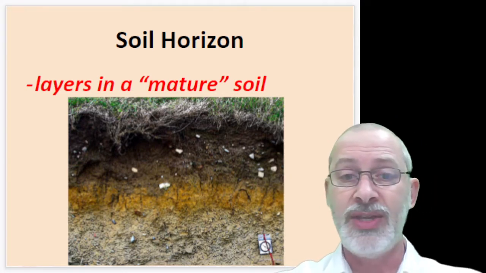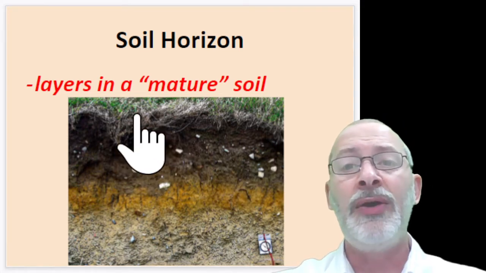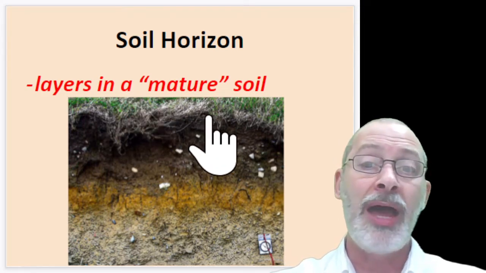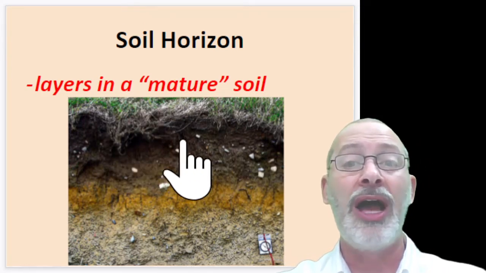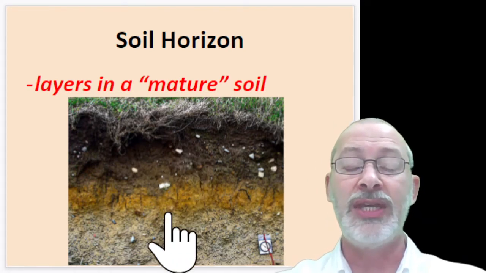So this picture here is an example of digging down beneath the O horizon where the organic matter is, into the A horizon where the topsoil is, down into the B and the C horizons.